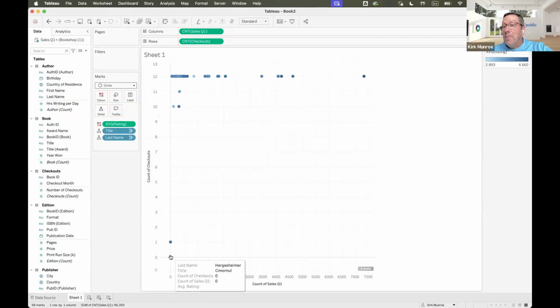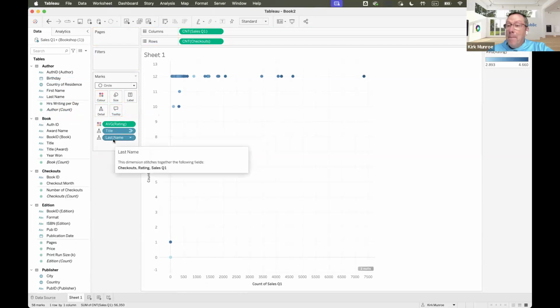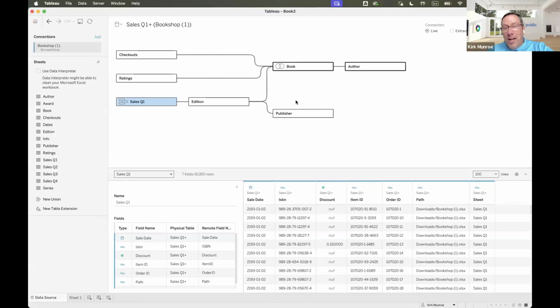And there's the last name of the writer because I've got dimensions from two different tables, but the measure that we're reporting on is not from either one of those tables. So we're not getting that forced inner join, right? So even though it's got measures from two tables and dimensions from two tables, it doesn't bring any of the measures in from either one of those tables. So we're not losing those values, right?